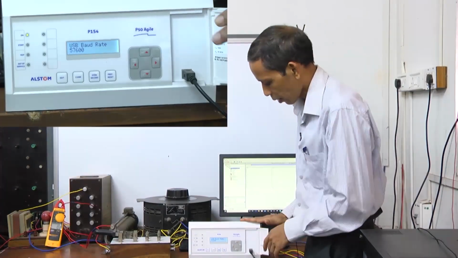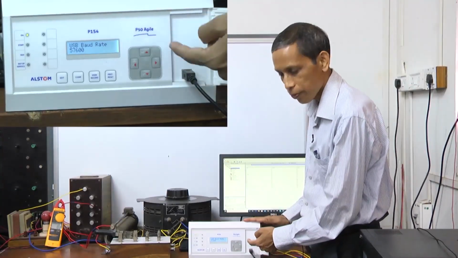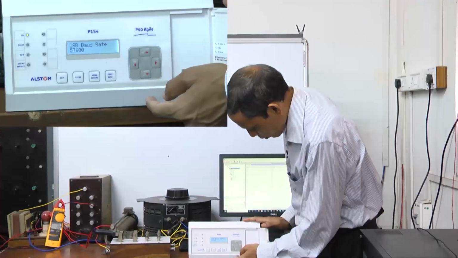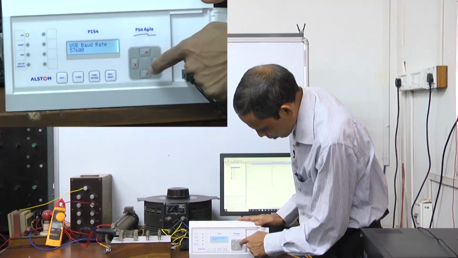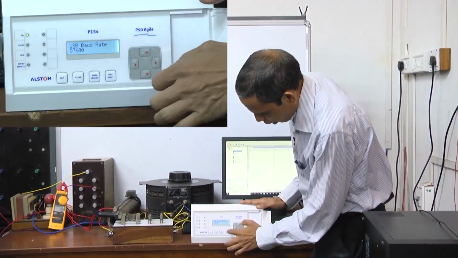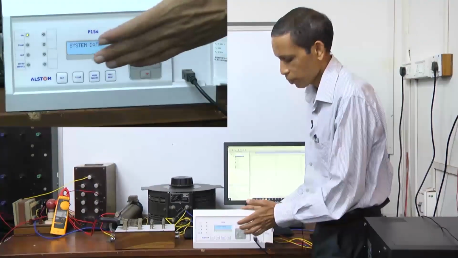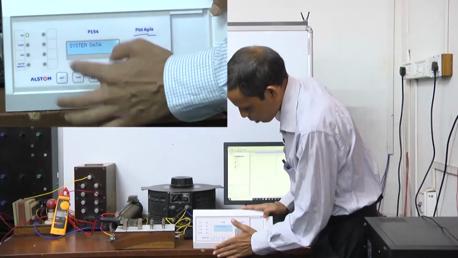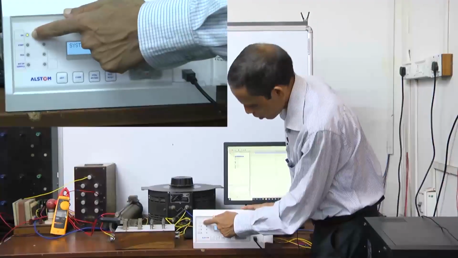If you see the front panel, this is the P154 overcurrent relay. On the front panel, we have different setting arrangements. We have different keys, and a display portion through which you can see the currents, the settings, and so on. On the front panel we can also see whether the relay is in the on or off state.